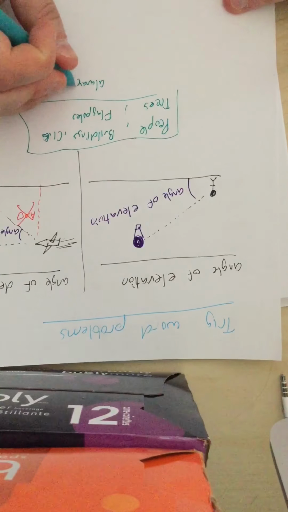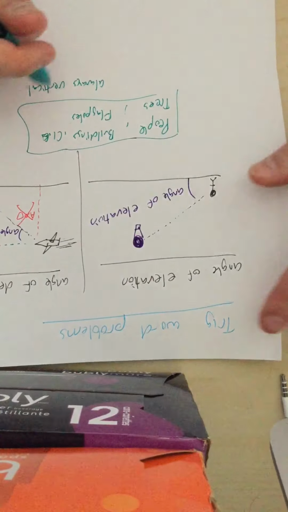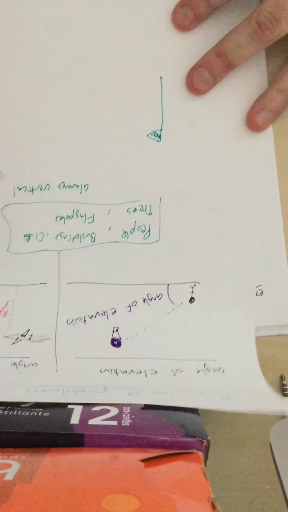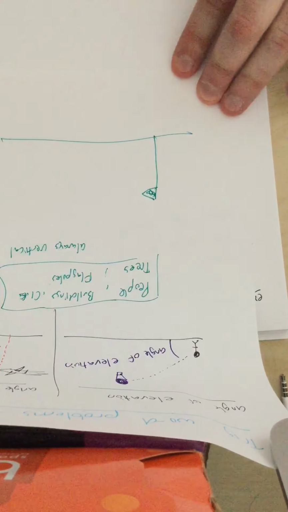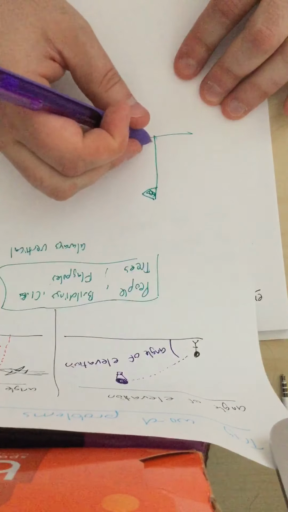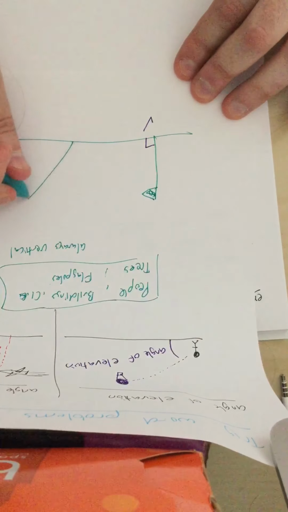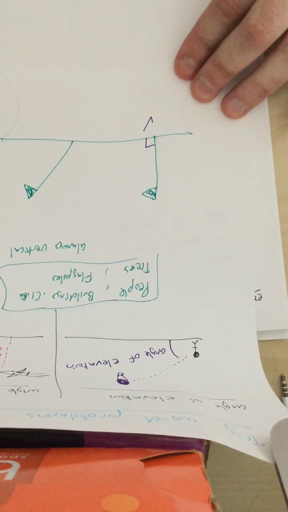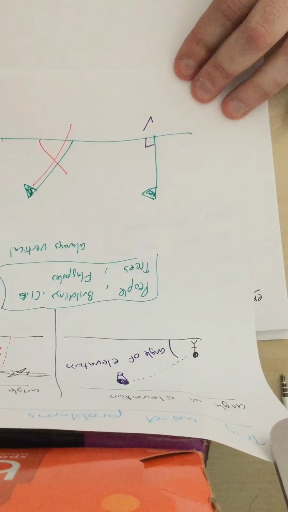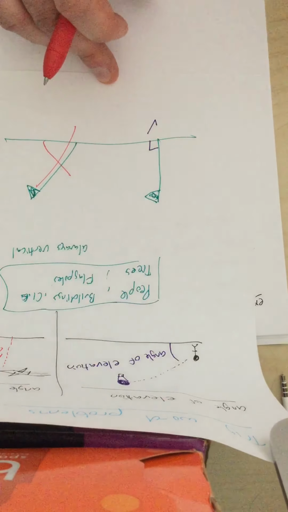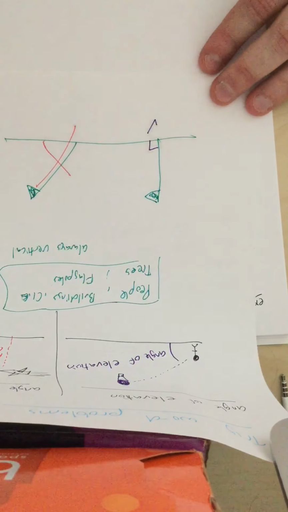So if we have a flagpole, we could safely assume that the flagpole is vertical and the angle between the flagpole and the ground is 90 degrees. We'll never have a situation where the flagpole is falling, unless it actually says so. If the problem says a flagpole has fallen over and crashed into a house, then clearly it is this and not this. But unless it says otherwise, you can assume that people, trees, buildings, cliffs, and flagpoles are all vertical.